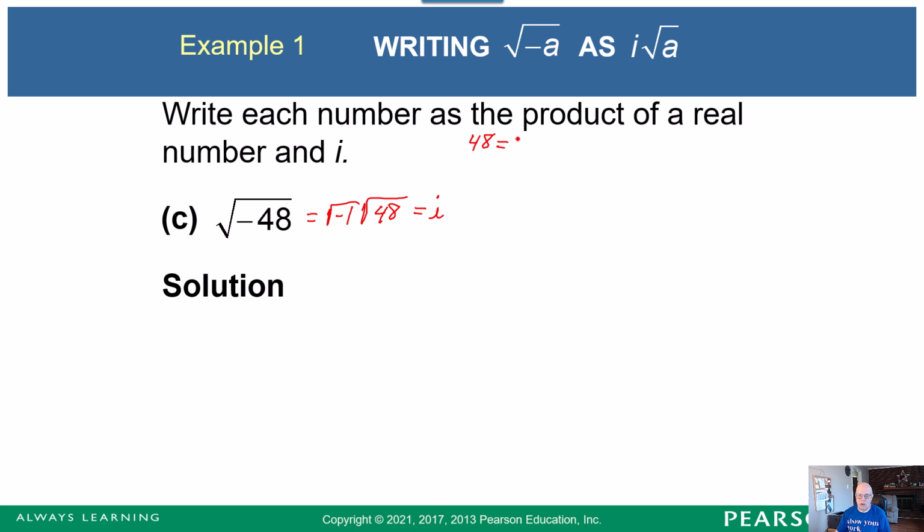Well, one possibility is 4 times 12. But actually 12 can be factored by 4 too. So 4 times 4 times 12. Oops, 3, excuse me. Better yet, 4 squared times 3. This part will come out even.